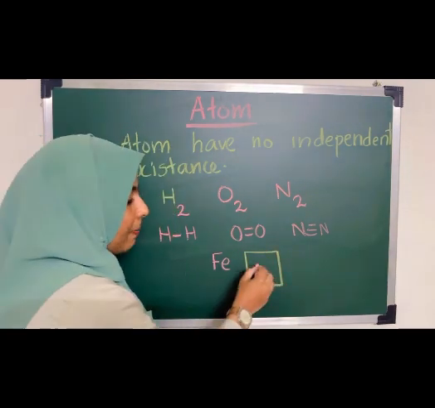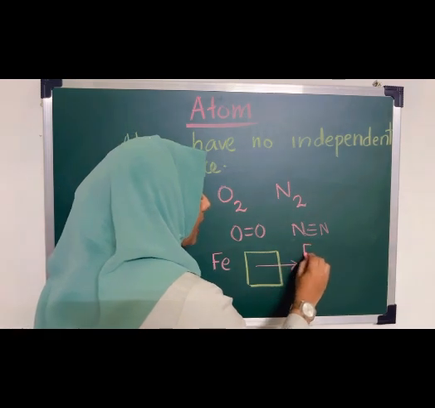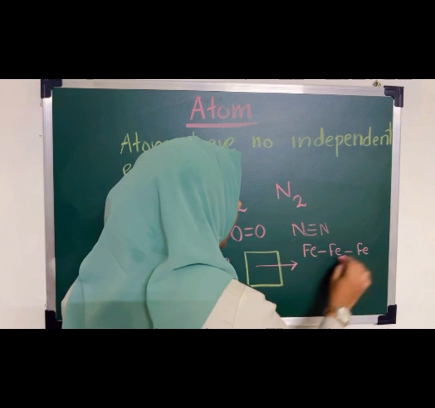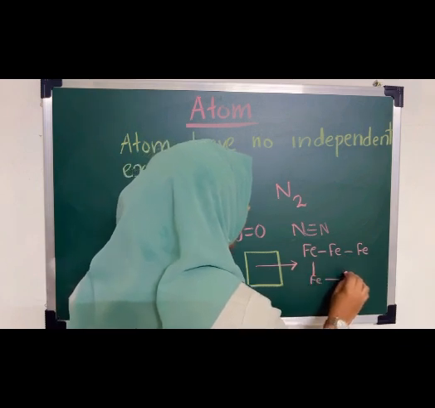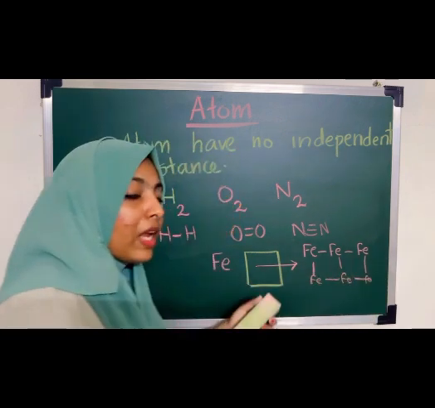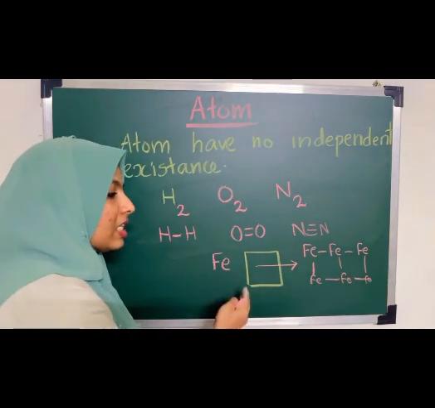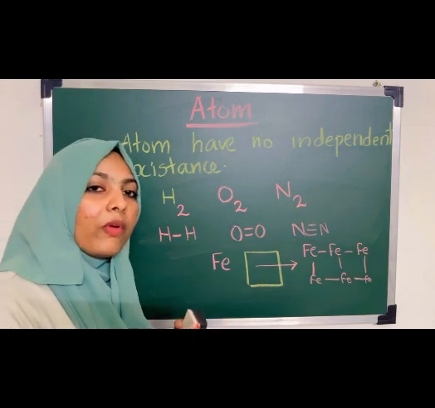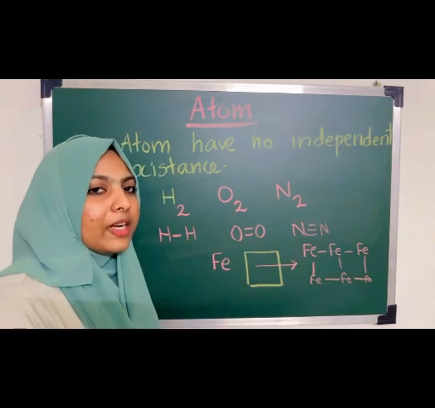In this iron piece, there are many iron atoms. They are bonded with metallic bonding with one another and it always exists as a block. So in this case also, no single atom is existing. It always exists in a combined state.